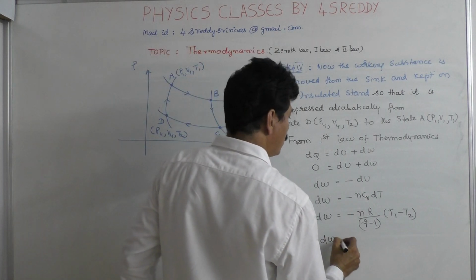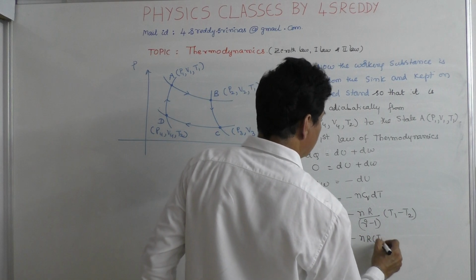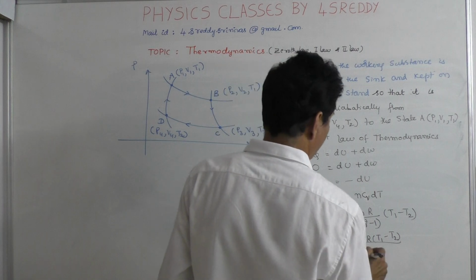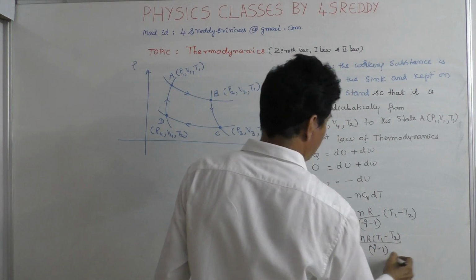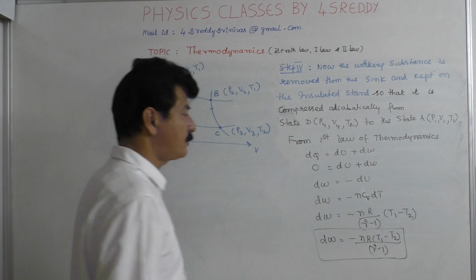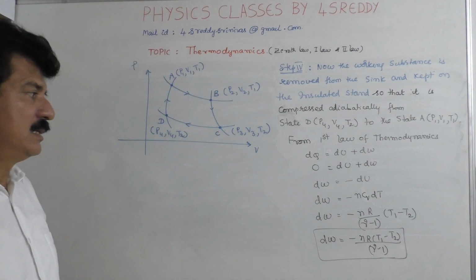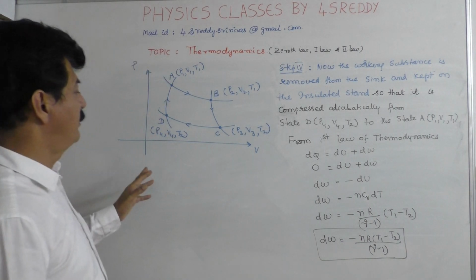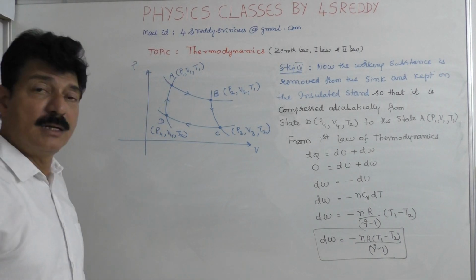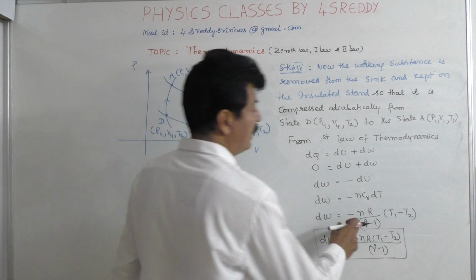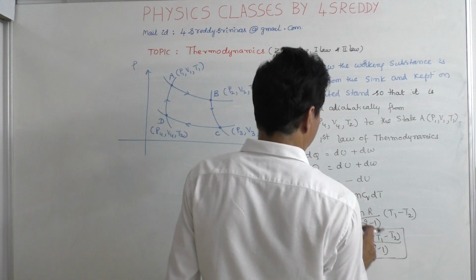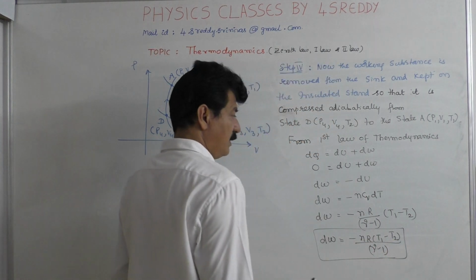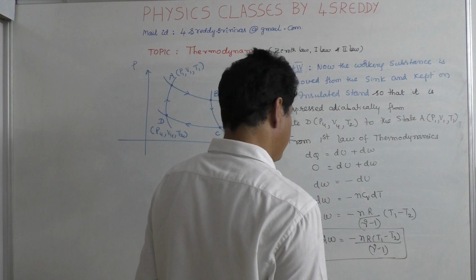Therefore, dW is equal to minus nR into T1 minus T2 by gamma minus 1. This is the work done in an adiabatic process, given by nR by gamma minus 1 into T2 minus T1.